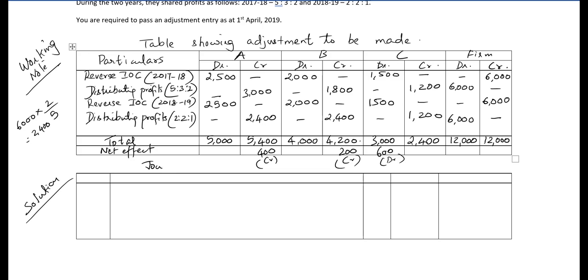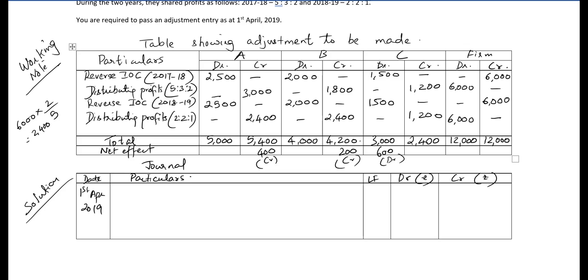Journal, date, particulars, LF, debit rupees and credit rupees. The date is 1st April 2019.